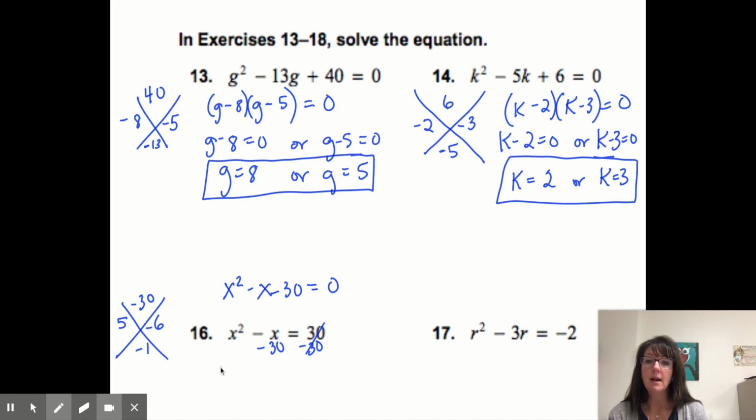We would have x plus 5 times x minus 6 is equal to 0. So we would either have x plus 5 is equal to 0 or x minus 6 is equal to 0. Here, we would subtract 5 on both sides. So x is equal to negative 5, or we would add 6 to both sides. It's equal to a positive 6.